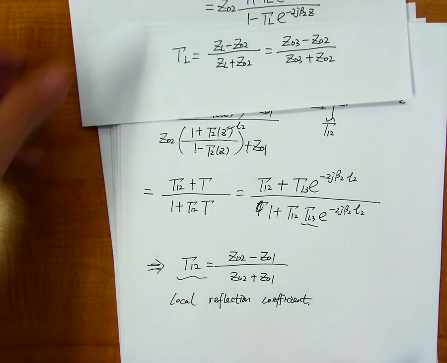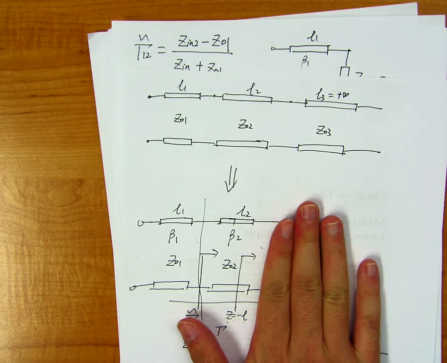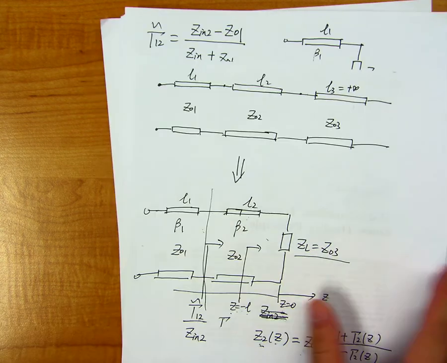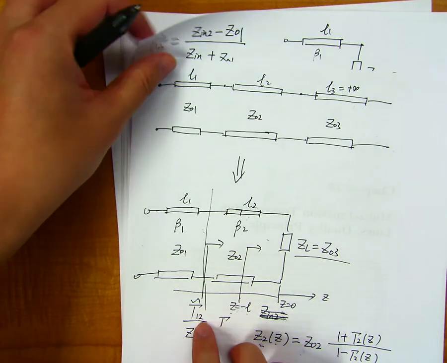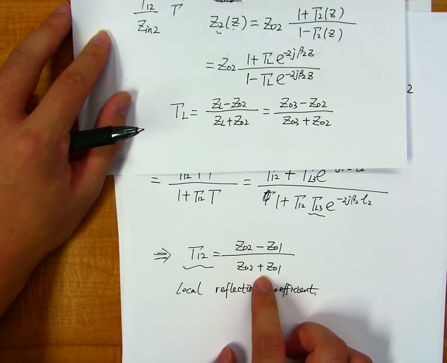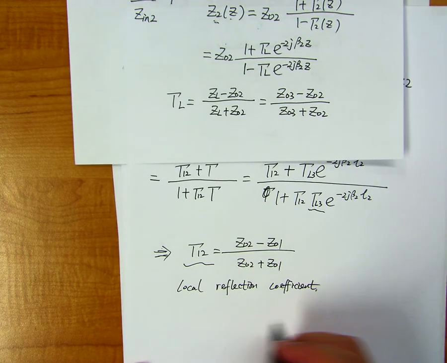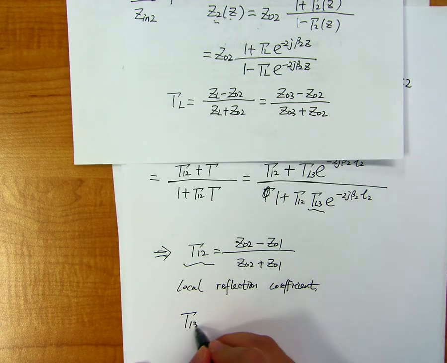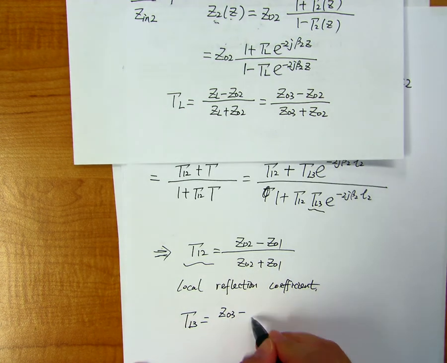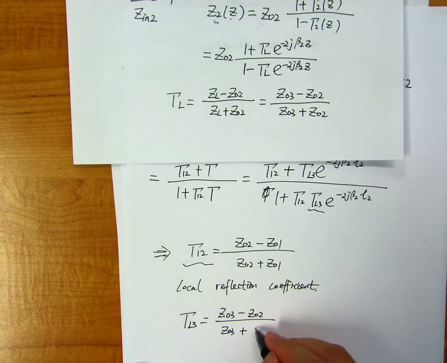That means if we don't have this load and we suppose this second transmission line is infinitely long, then the reflection coefficient gamma_12 is just this one. That's called the local reflection coefficient. And gamma_L3 is nothing but (Z03 minus Z02) over (Z03 plus Z02).